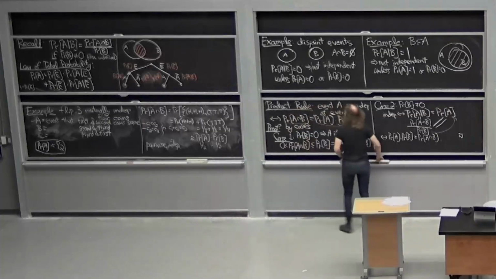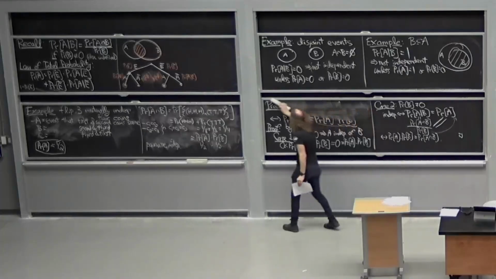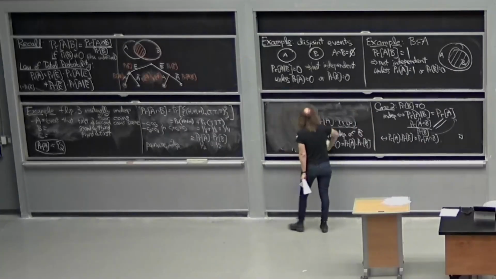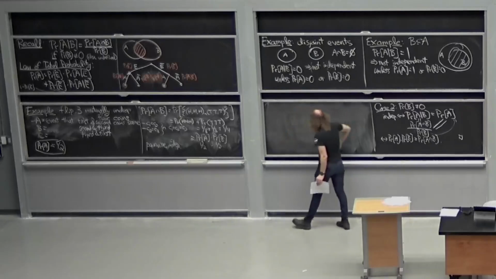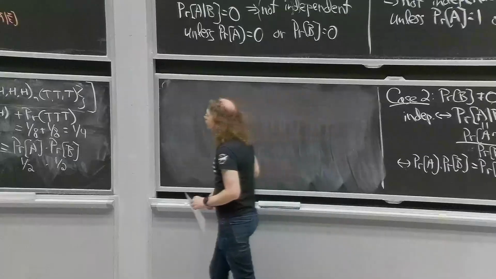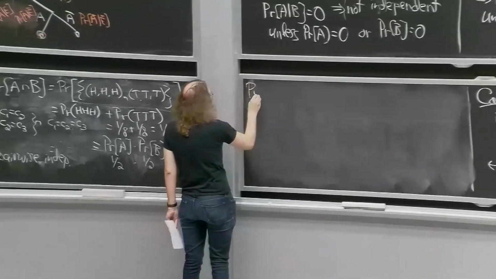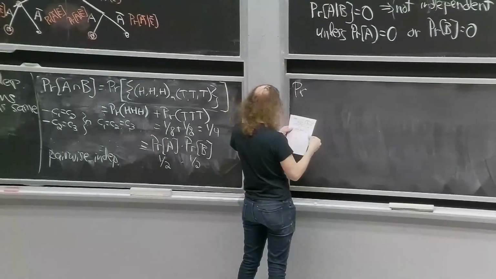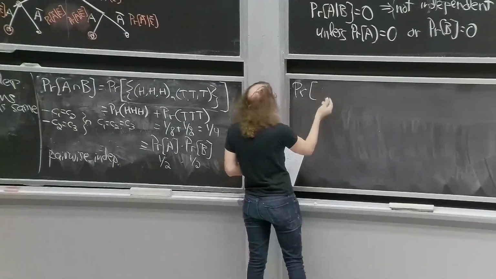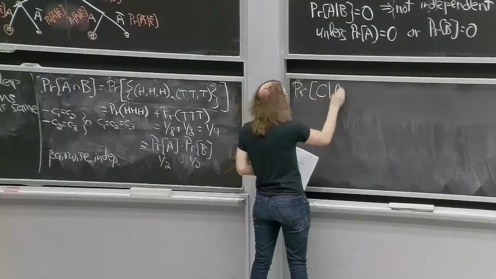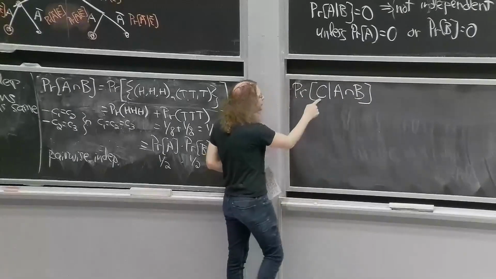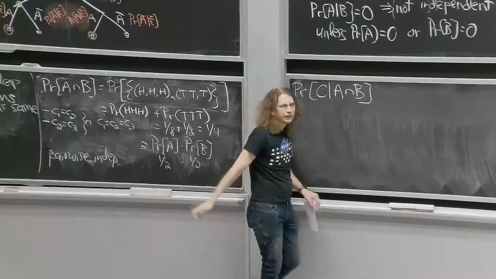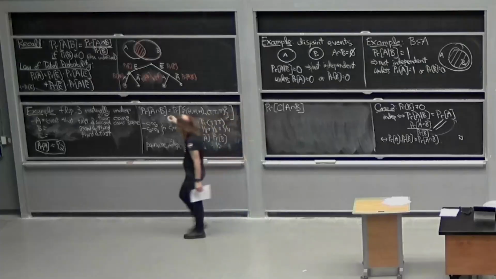Let's prove that, or let's compute that. For that, we could do a probability of intersection. I claim it's a little easier to think about this probability, the probability of C given A intersect B. Because we just thought a lot about what A intersect B means.